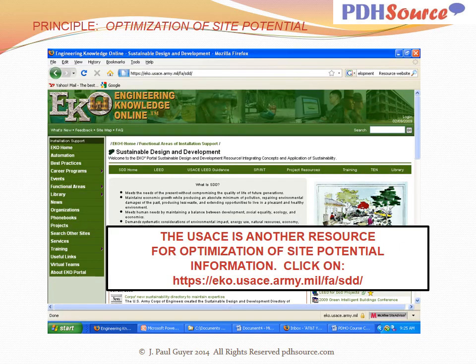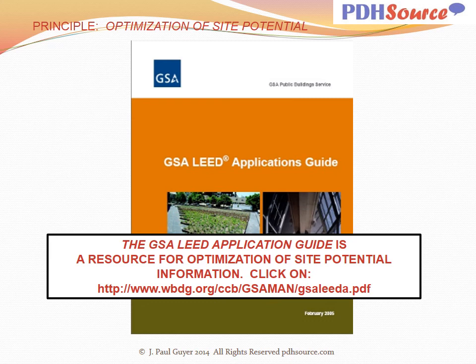The Army Corps of Engineers, not usually the first organization you think of when you think of environmental sustainability and sustainable design, but actually they are in the forefront of this sustainable design enterprise, and they have a lot of good resources you can look for. GSA with their LEED application guide, a resource for optimization of site potential information.